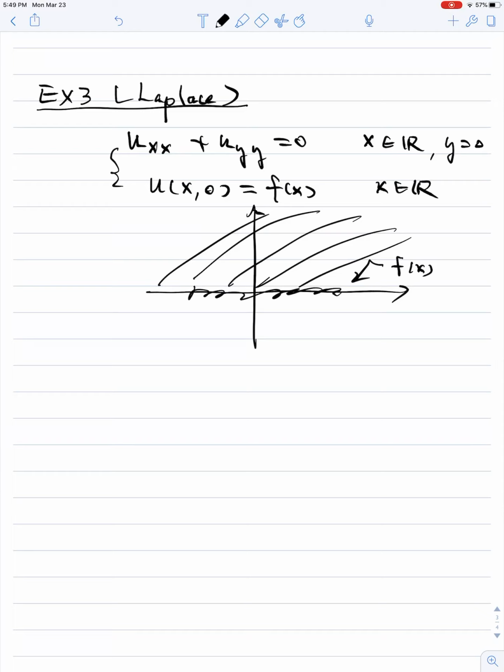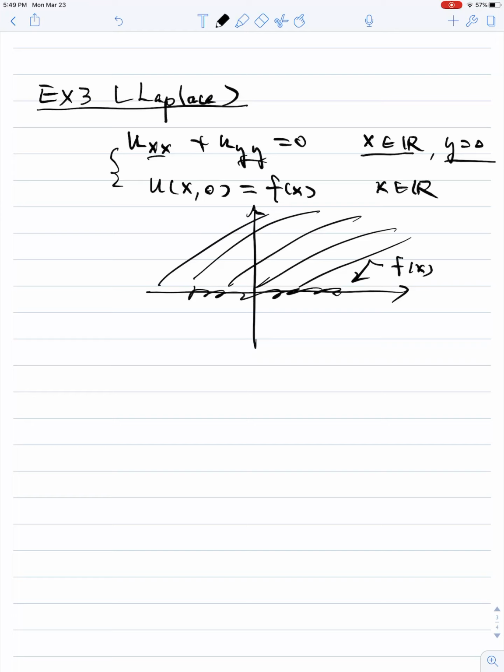Now, the first thing we need to think about is that we have two variables, x and y, both of them spatial variables. Which variable should we apply the Fourier transform with respect to? That is the problem. If we look at the range, x ranges from negative infinity to positive infinity, and y is greater than 0, ranging from 0 to infinity.